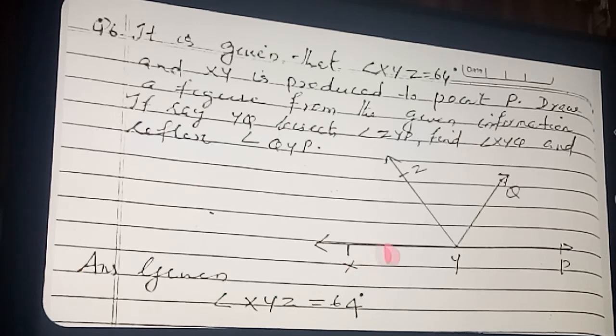After that, XYZ you already drew. Then this P you produced and you got the angle here. Okay, XYZ and this angle also. Now, if ray YQ bisects angle ZYP, ZYP means this angle.